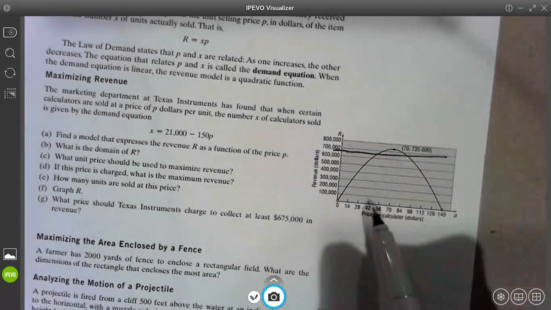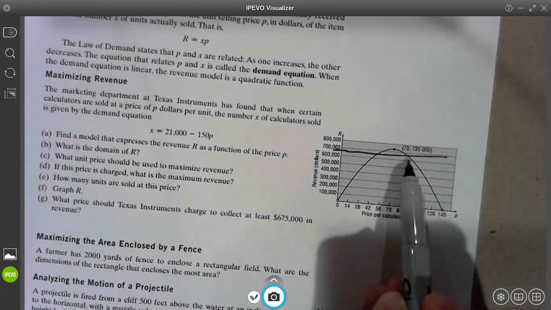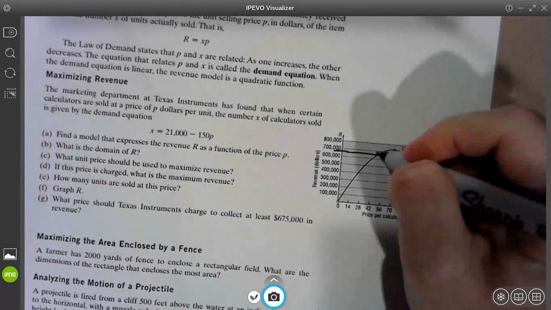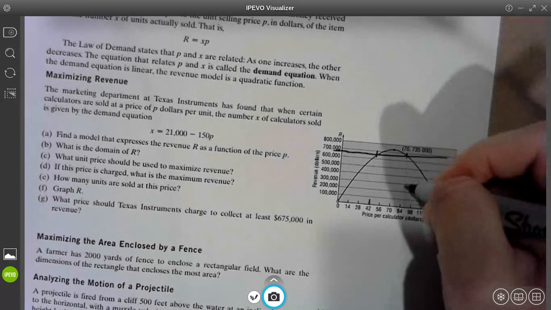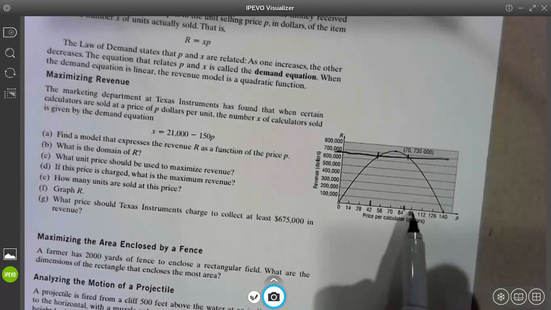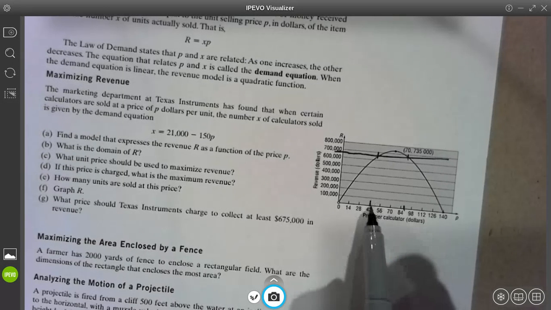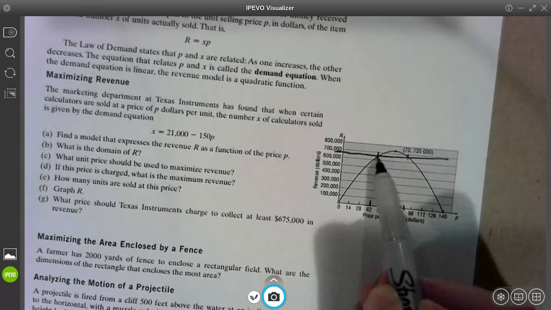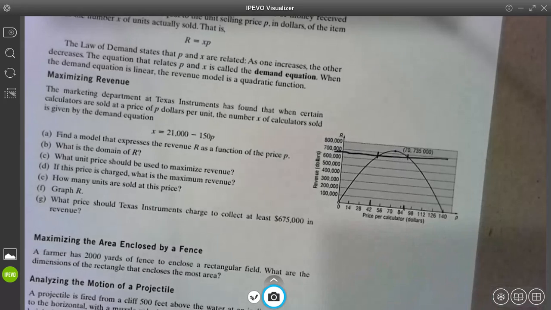So they want to know what price should they be selling the calculator at to make at least $675,000. Well, guys, do you agree that, according to the graph, it should be a price in between here and here, right? If you sell this calculator at a price in between any of these prices, then a number from here to here will come out, which will mean at least $675,000 has been made.